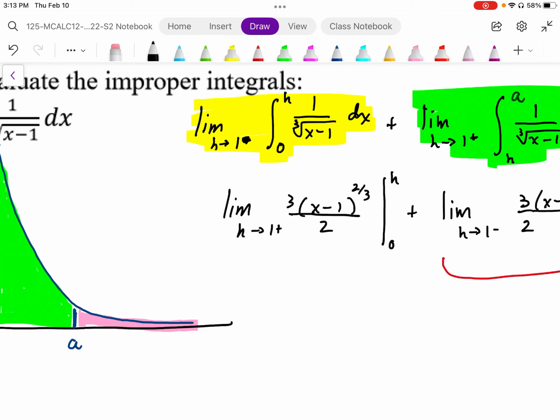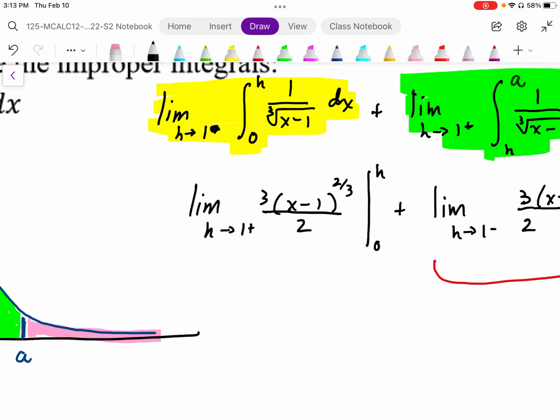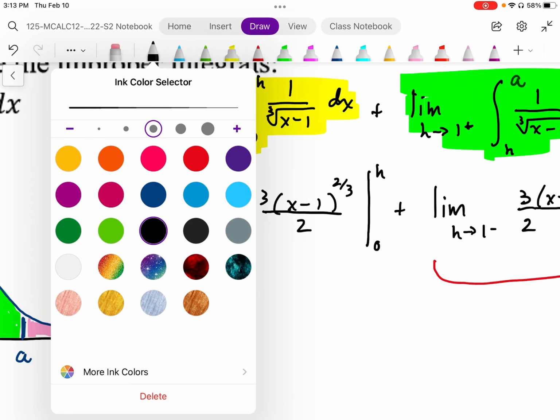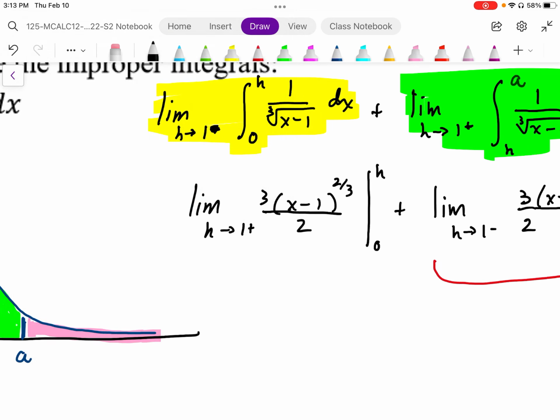So I'm going to use a limit to approach 1, and I can actually evaluate this integral. So I'm going to plug h equals 1 into this expression. So I get 3, and this is going to be 1 minus 1 to the 2/3 over 2.